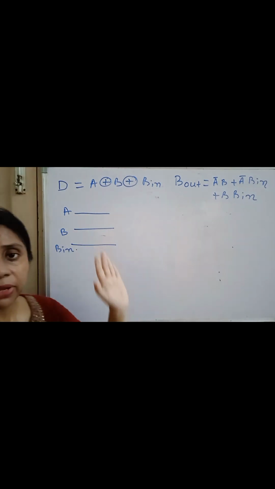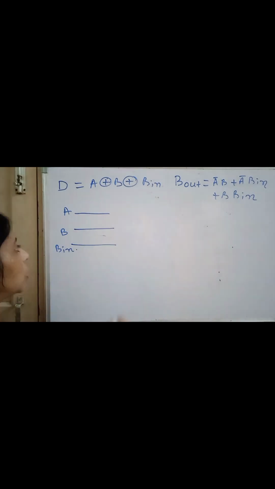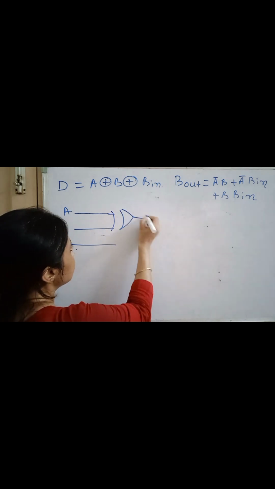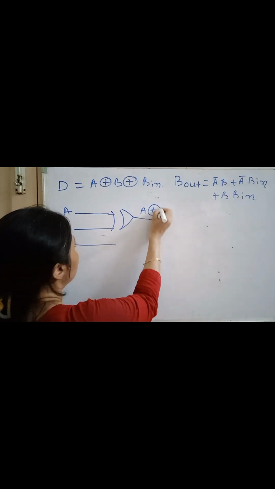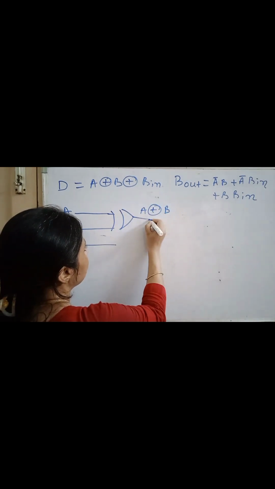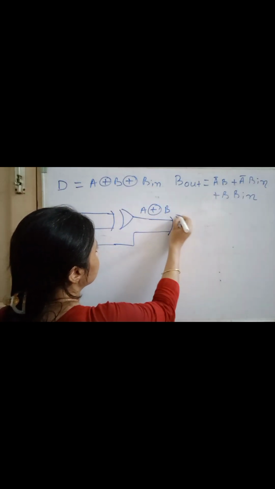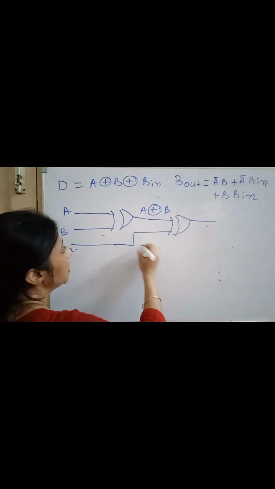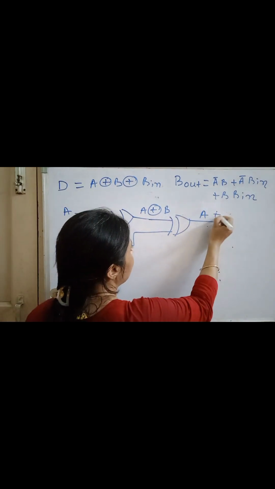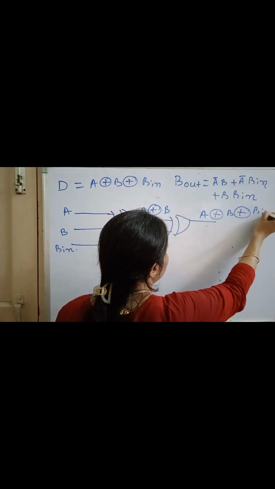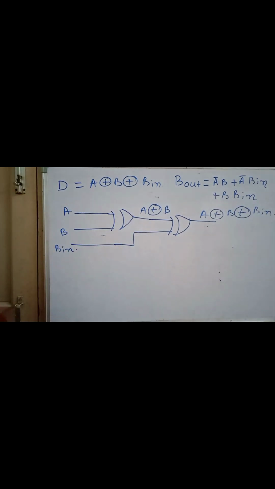So we can do it by using two input XOR gates. This is A XOR B and this is our B in. So the second XOR gate will give you A XOR B XOR B in, right?